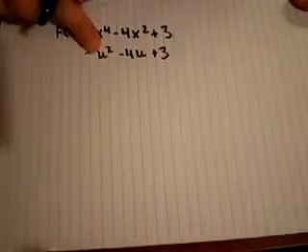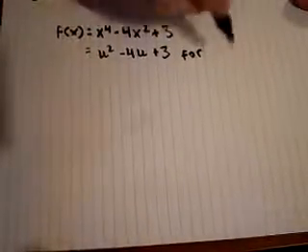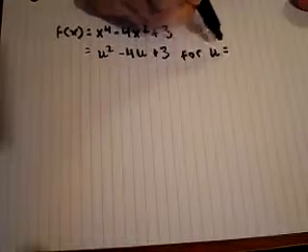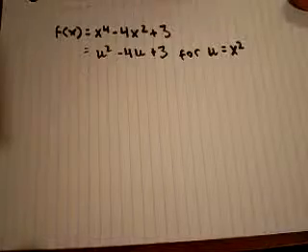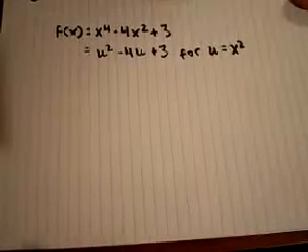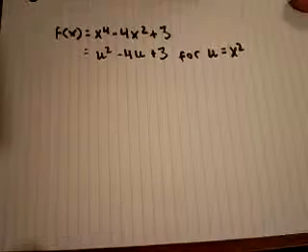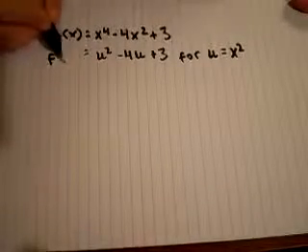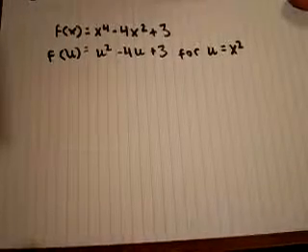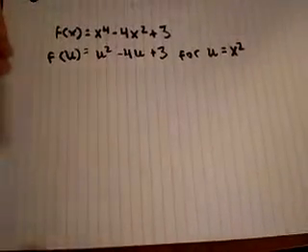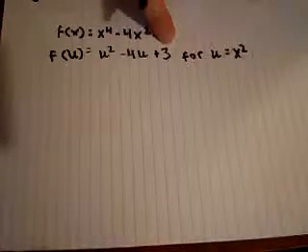Now this is for u equal to x squared. Now, do you think this function is still called f of x if my variable is a u? No. It's really f of u. So you have u squared minus 4u plus 3.